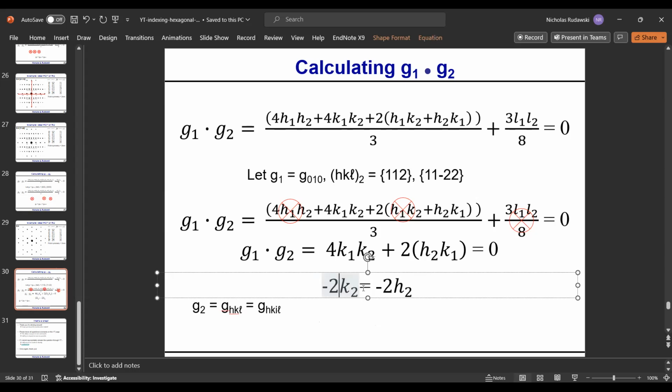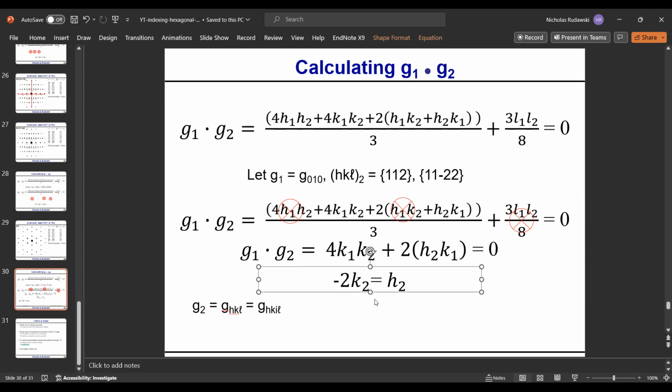So we have minus 2. We end up with a similar stipulation to what we've seen: H2 must equal 2 times the opposite of K2.